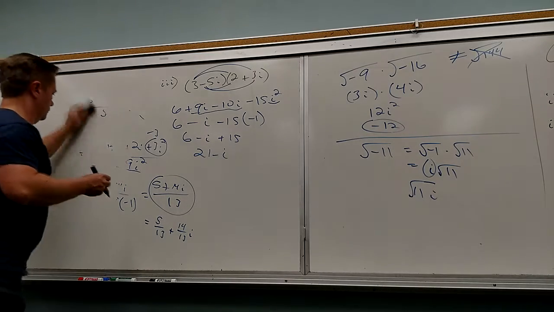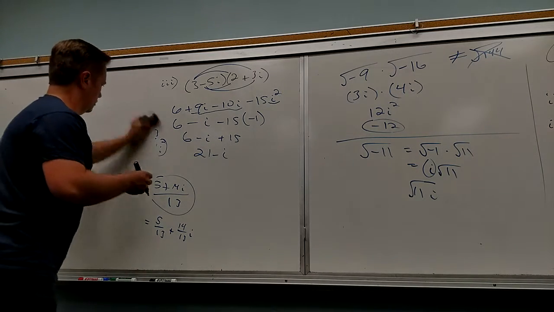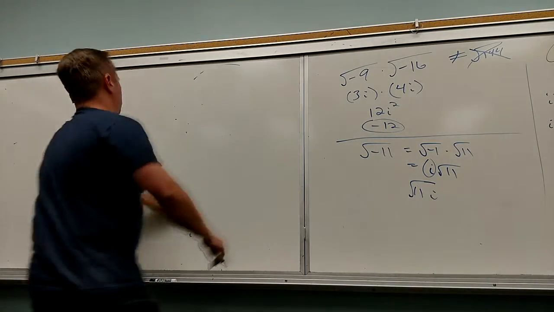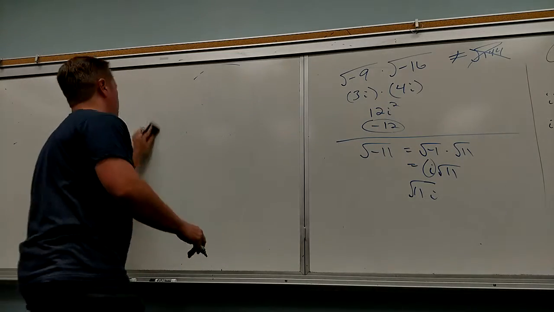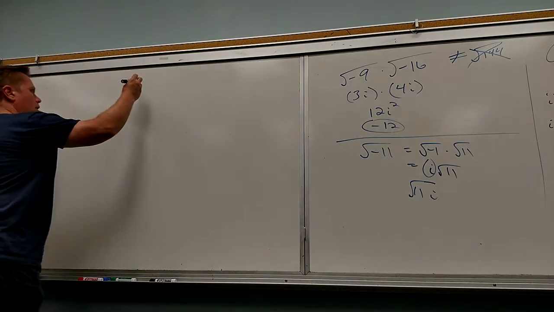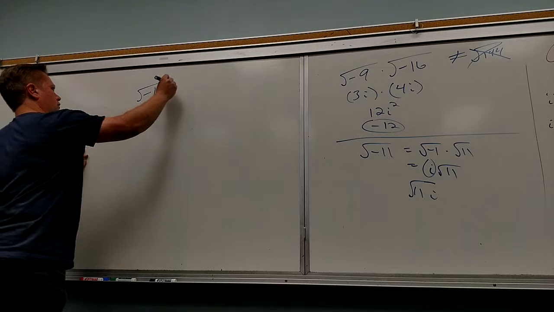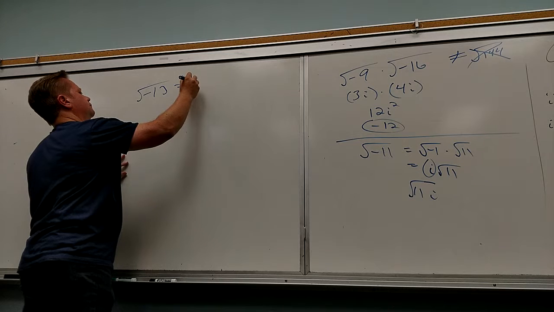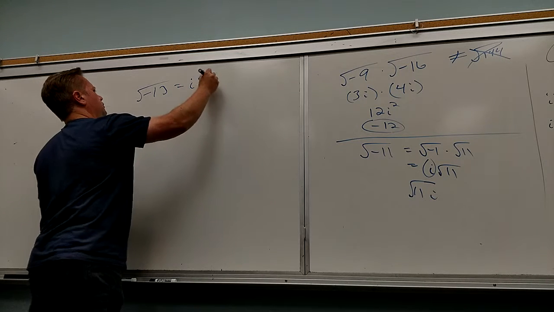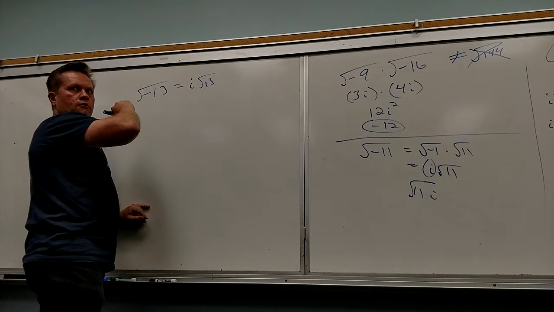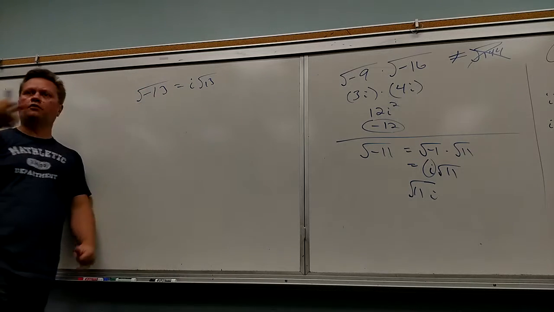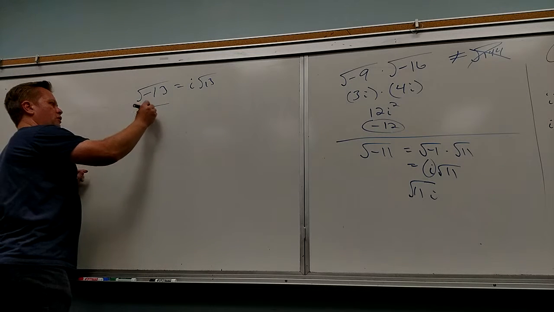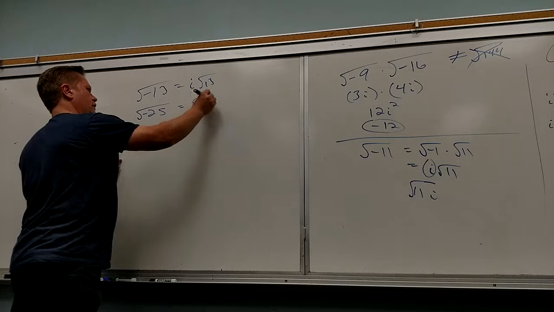So if I have square root of negative 13, what's that? i square root of 13. Square root of negative 1 is i. That's why I'm allowed to do that. Square root of 13, I don't know. Now, if it's something I know, what's the square root of negative 25? 5i.